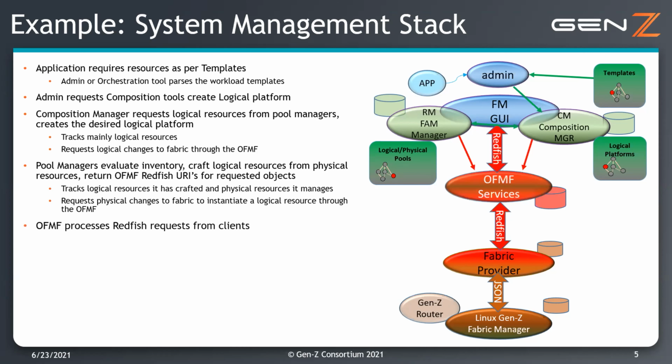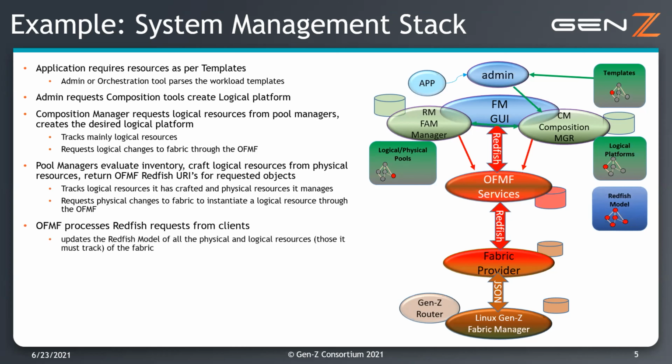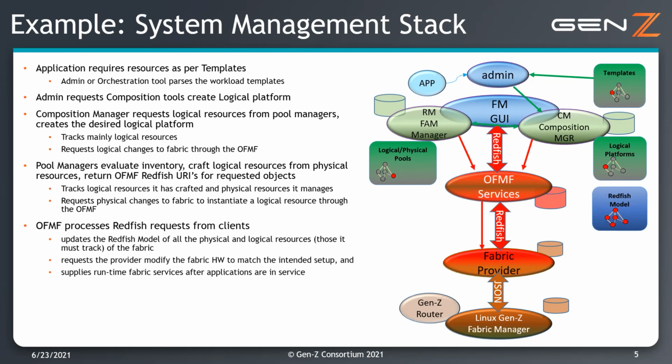So the OF-MF gets these requests from the clients. Next bullet. And it updates the Redfish model for the fabric that it is maintaining. And that is where the magic of the OF-MF occurs.